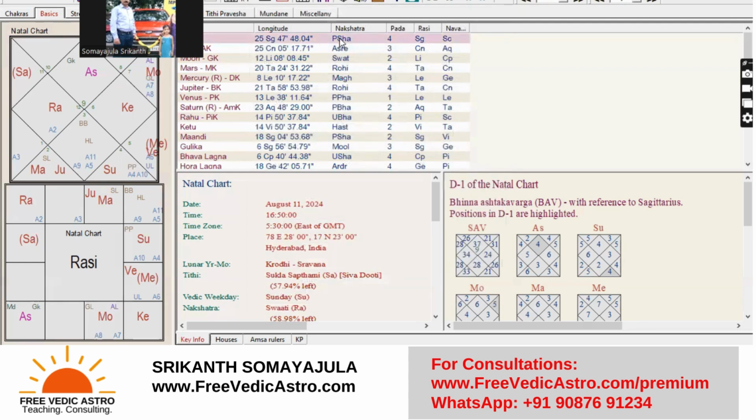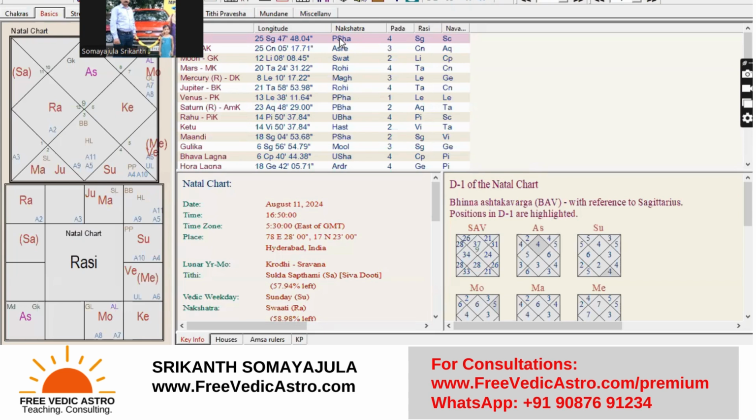Purvashada has different characteristics, unlike Uttarashada. Uttarashada is different, Purvashada is different. They are ruled by two different deities. So you will be easily able to understand the birth time of the person based on the Lagna cusp as well. This also plays a good role.